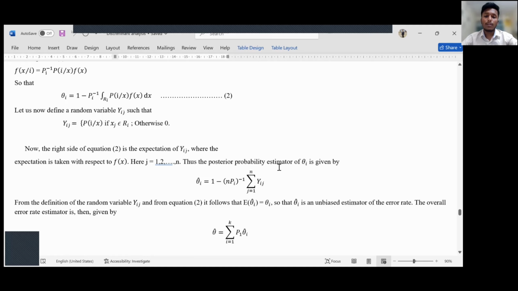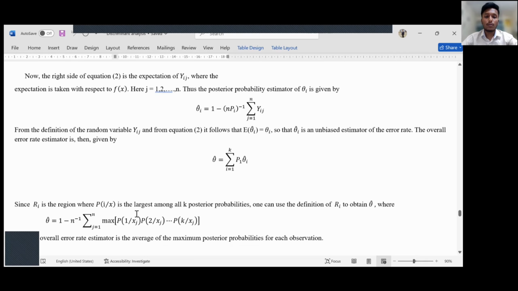Thus the posterior probability estimator of theta i is given by theta i cap equal to 1 minus n pi inverse times the summation, j running from 1 to n, of yij. From the definition of the random variable yij and from equation 2, it follows that the expectation of theta i cap is equal to theta i, so that theta i cap is an unbiased estimator of the error. The overall error rate estimator is given next, so we have to find the overall error rate.